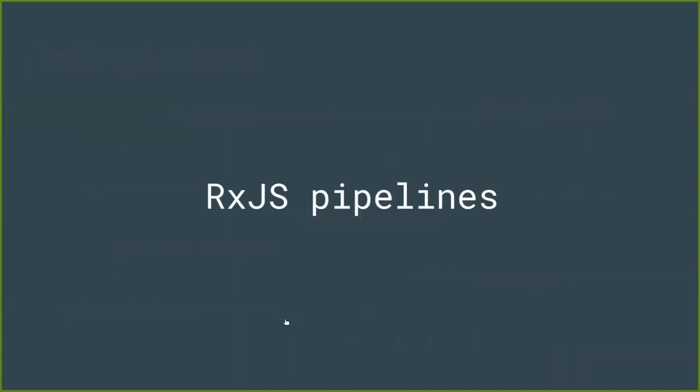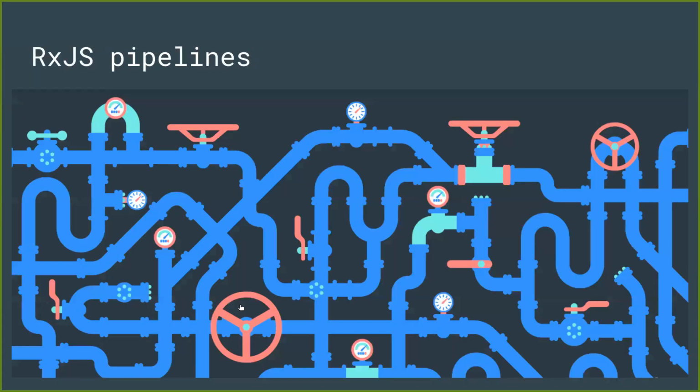So, RxJS pipelines. But before we can jump on some examples, let's have a look at the way those operators are used. So in RxJS, all the operators are combined together into pipelines. And we can imagine a pipeline being a water pipeline.